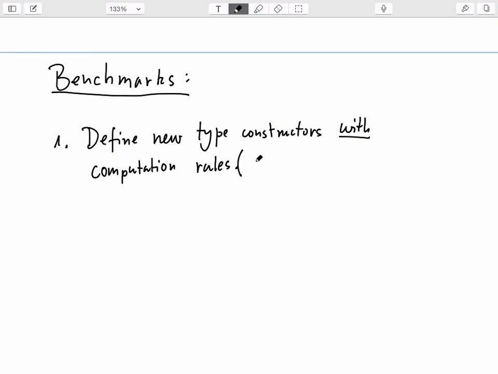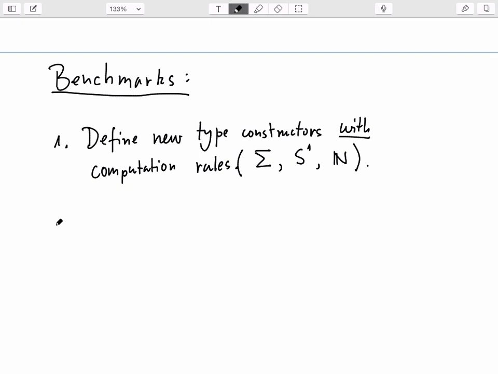Things like products, sums, maybe I want to be able to define sigma as a derived concept, or the circle, the higher inductive type, or an inductive type such as the natural numbers, and it has to have the correct computational behavior. I don't want to do everything by hand, it just has to use the betas and etas. So that's one kind of benchmark that I'm after.